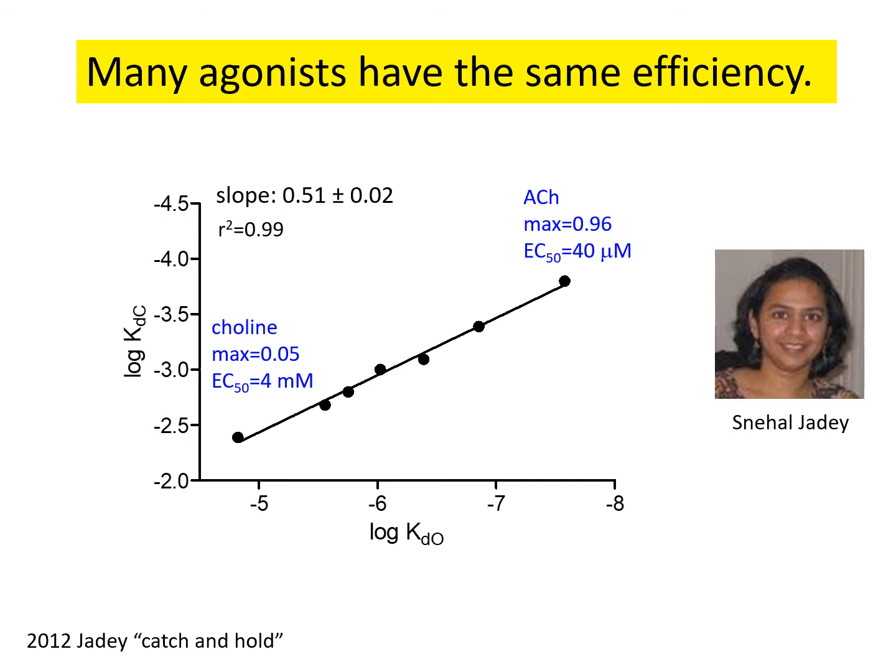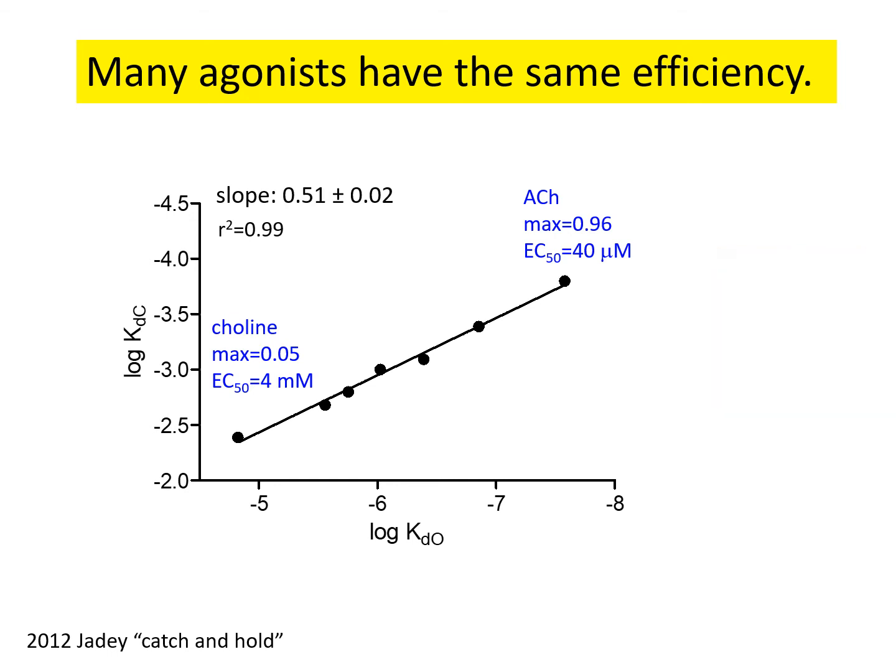This was done by Snail Jadey back in 2012, a graduate student in my lab. So when we first saw this, we were astounded because we knew that the binding to O was going to be higher affinity than to C, but we did not know that there would be such a uniform relationship to so many different ligands, and that the binding energy would double.